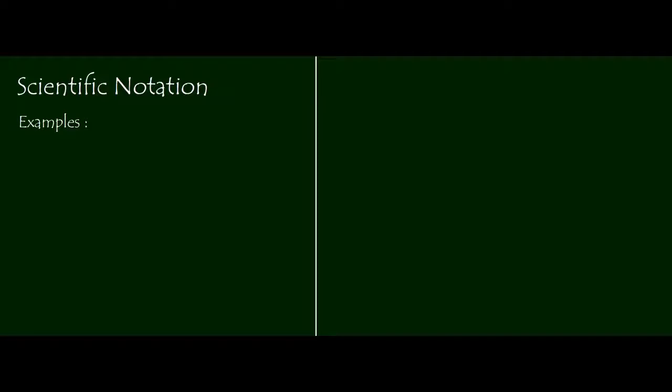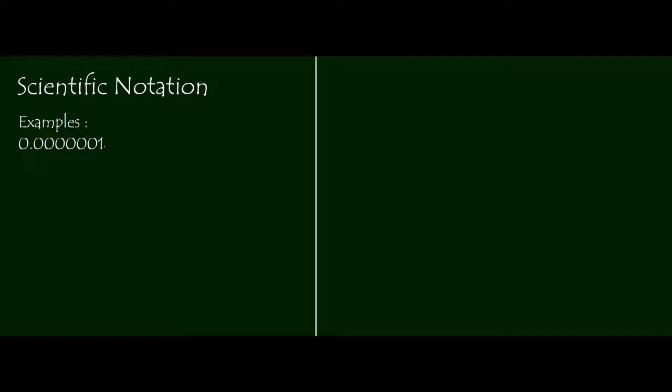So next, let's learn about scientific notation. Take the example 0.000000142 meters. As you can imagine, writing out numbers like this is extremely inconvenient and time-consuming. That's why we use scientific notation, so we can write long numbers like this in a shorter form.